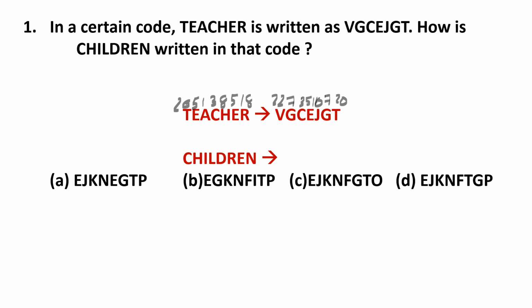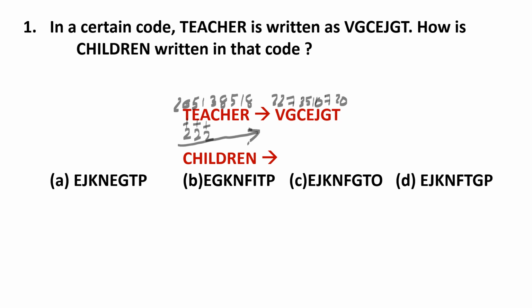Now see here, compare the first letter here and the first letter here. 20, 22, how much is it increasing? 20 plus 2 it is increasing. Next, the second letter, 5 is here, 7 is here. 5 plus 2 is 7. Next 1, here C is there, 3. That is 1 plus 2, that is 3. Means from here onwards, from left to right, it is plus 2, plus 2, plus 2 we are going.